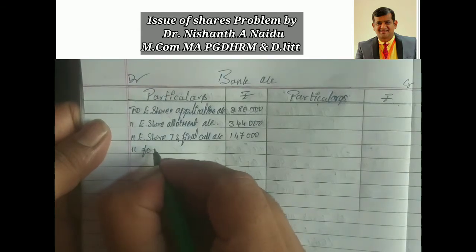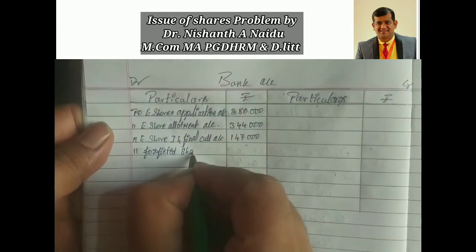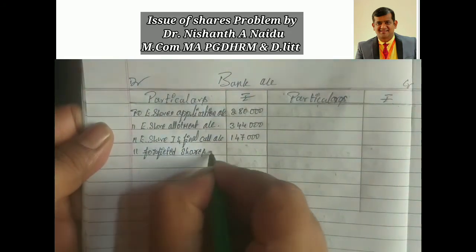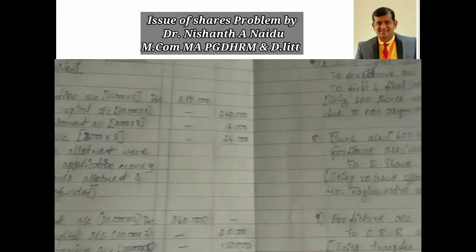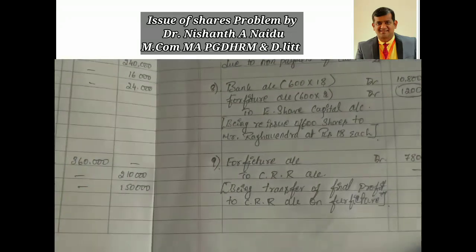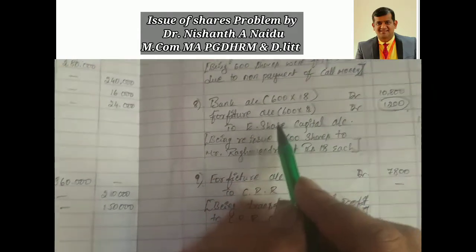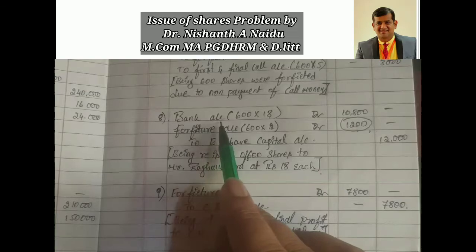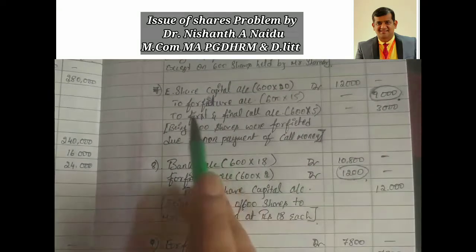To forfeited shares account. So that is the reissue of shares which we have done at last. So that is bank account, 18 rupees we have received, right? Bank account, how much have I received? 10,800. That is forfeited shares account.